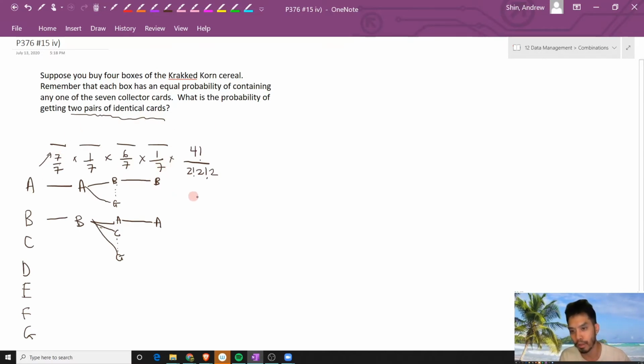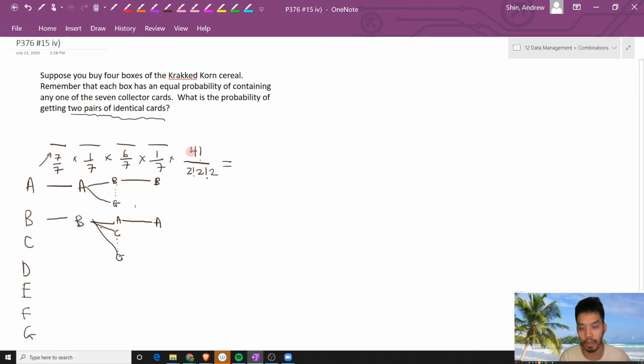So if we plug this into our calculator, it's going to be 7 times 6 times 4 factorial divided by 7 to the power of 4, divided by... let me try that again. Okay, let's simplify this. 7 over 7 is just gone, so it's just going to be 1 times 6 times 1.